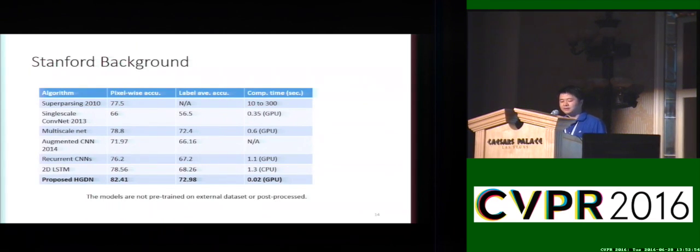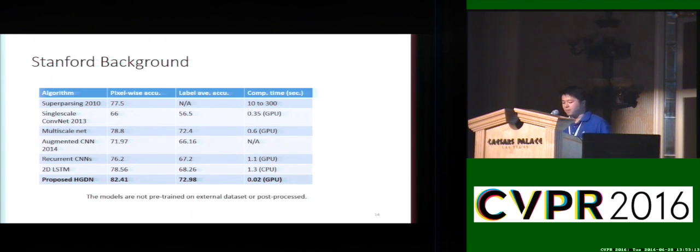This is the experimental result on the Stanford Background dataset. We compared with the same type of architectures as well as the 2D LSTM algorithm, and our proposed architecture outperforms the compared results.